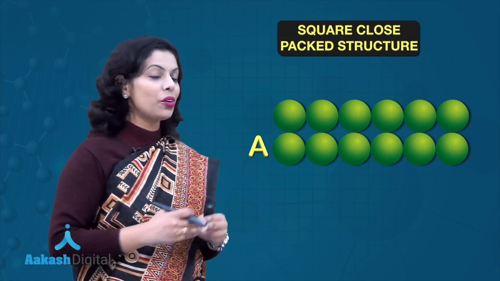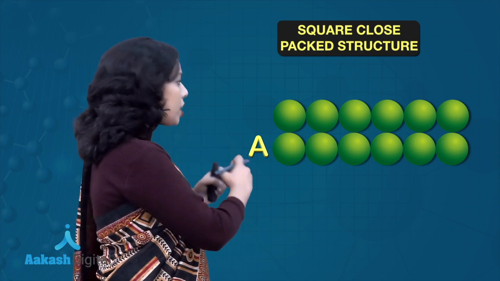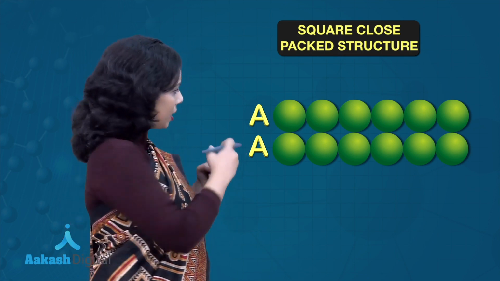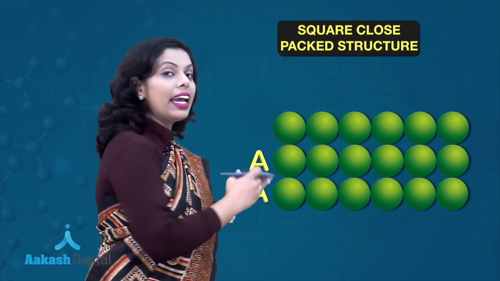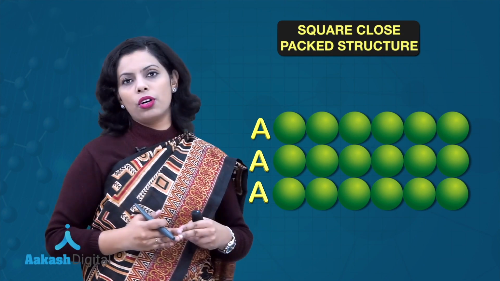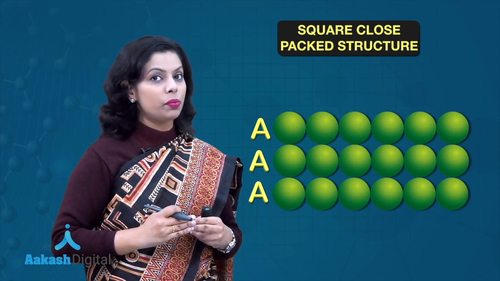After placing that, you will see that both the rows are exactly the same. So suppose the first row is row A, the second row is also termed A. Place the third row in a similar manner. There is again another A row. It means this type of formation of layer can be termed an A type of arrangement. Why?